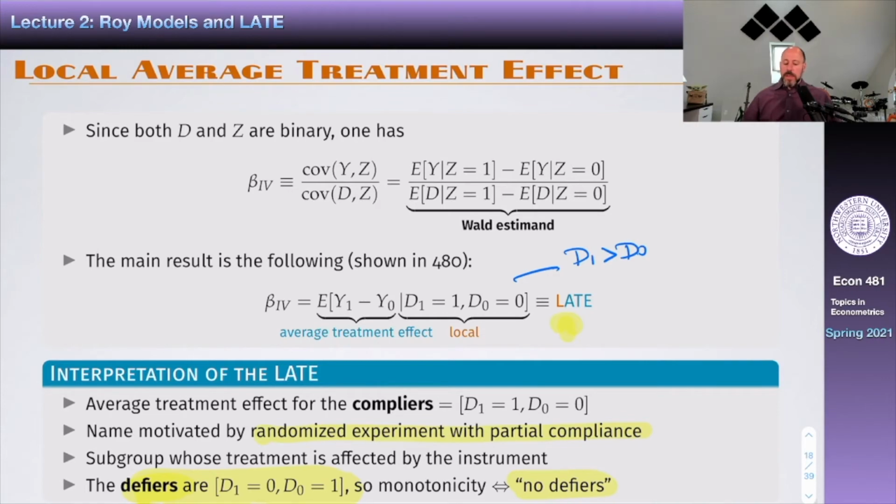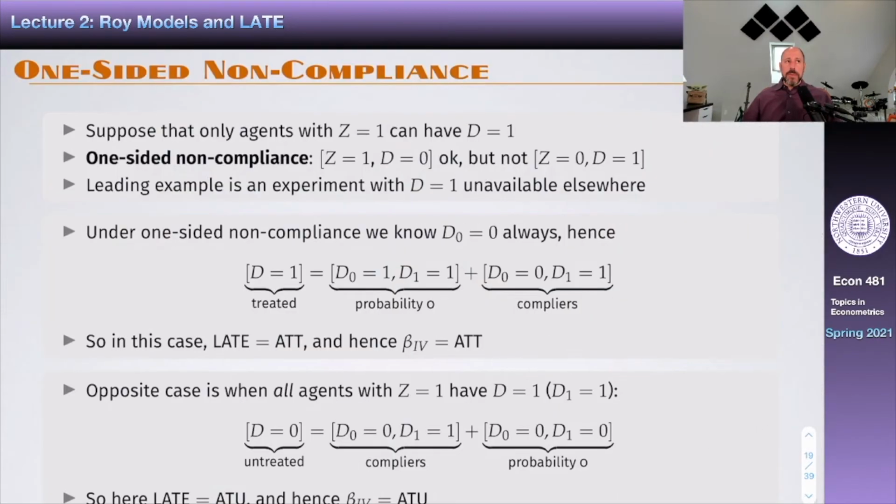All right. There's one case that allows us to interpret LATE in an easy way, which is called one-sided non-compliance. Suppose that only agents with Z equal to 1 can have D equal to 1. This is exactly what I said before. Suppose that you're just participating in this experiment with this experimental drug.